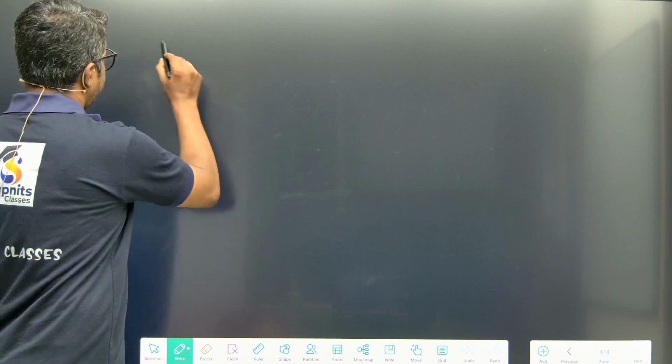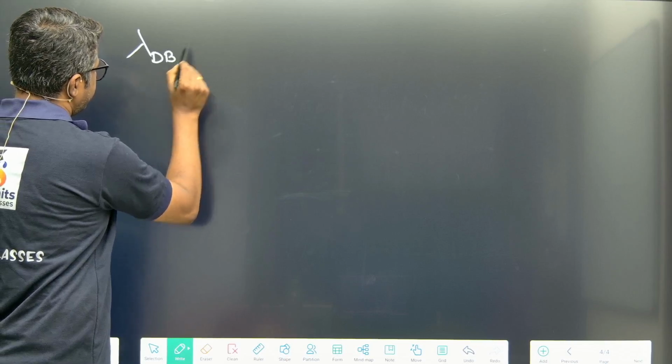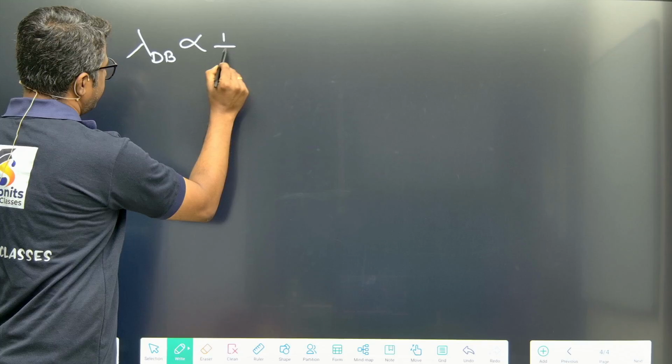Next, we already know that de Broglie wavelength is inversely proportional to momentum.